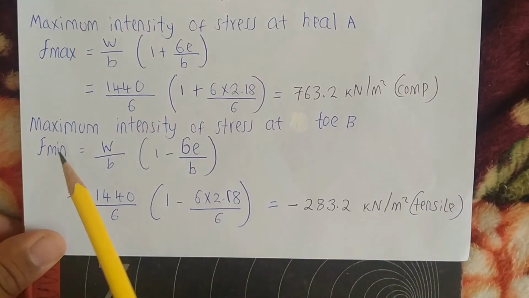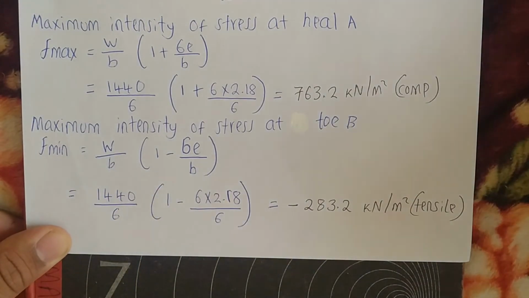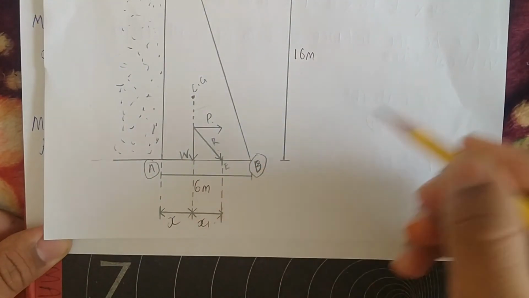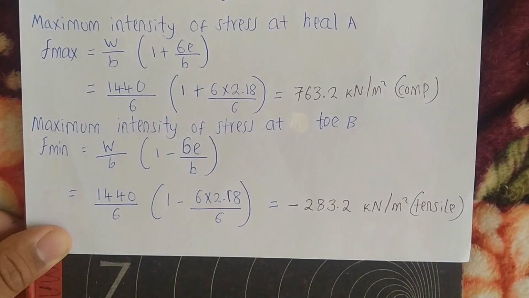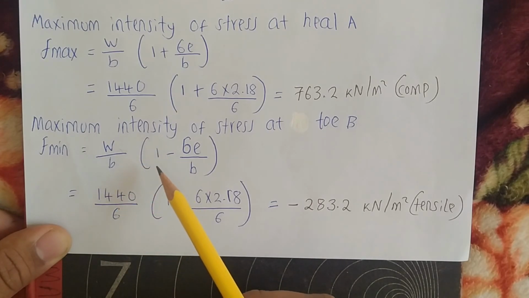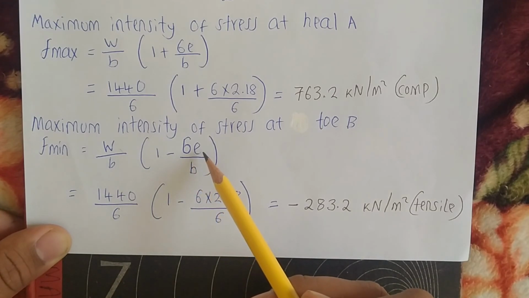And then the intensity of stress at toe B. So we have our toe B at this point. So we have to find the minimum intensity there. So our minimum intensity will be equal to the weight of the masonry wall all over the base width multiplied by 1 minus 6 times the eccentricity divided by the base width.